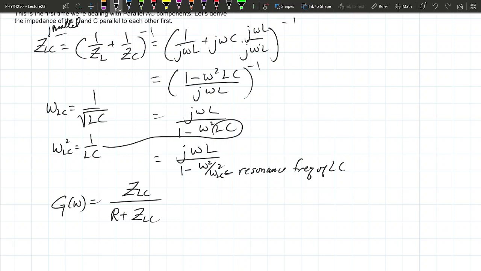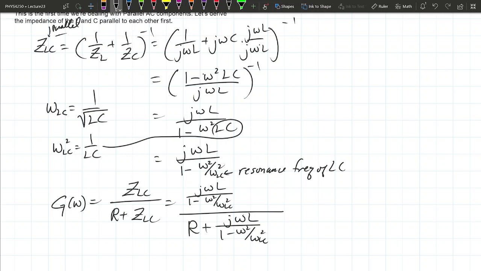So now we get to plug in all this stuff with these complex numbers in it: 1 over J, 1 plus omega square, omega LC square, all over R plus J omega L, 1 plus omega square over omega LC square. A bunch of complex numbers in the numerator, a bunch of crap everywhere.